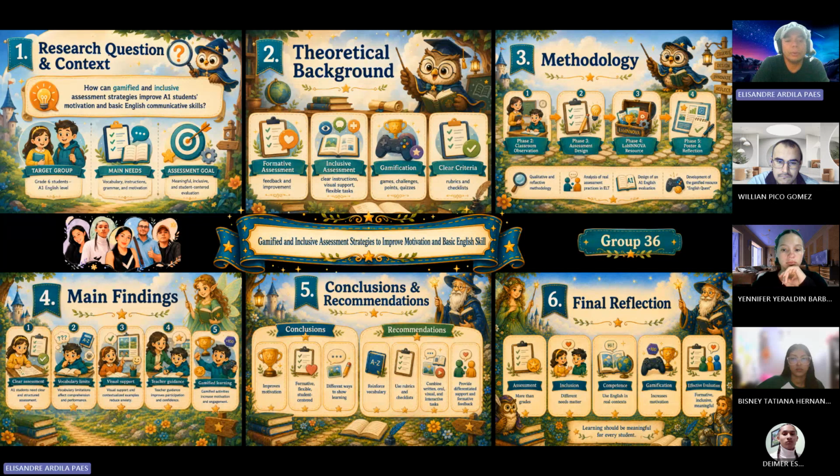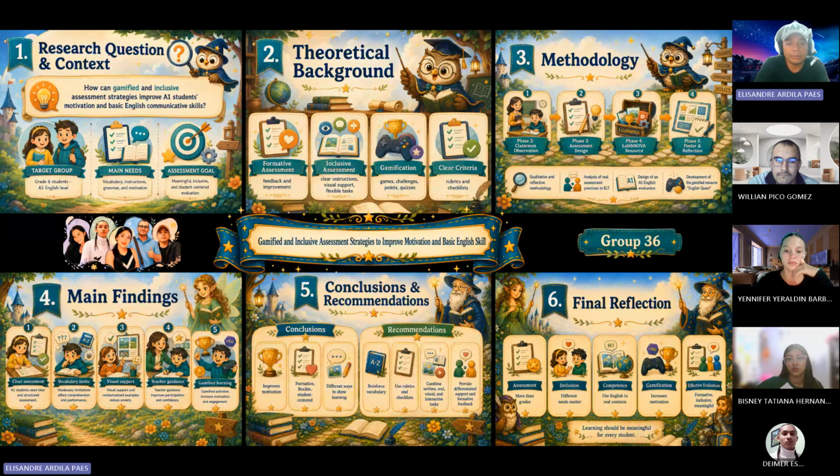During the previous phases, we identified that many students face difficulties related to limited vocabulary, low motivation, problems understanding instructions, and basic grammar structures. For that reason, we consider that assessments should not only measure students' results, but also support their learning process. Assessments should be meaningful, accessible, inclusive, and connected to students' real educational needs.